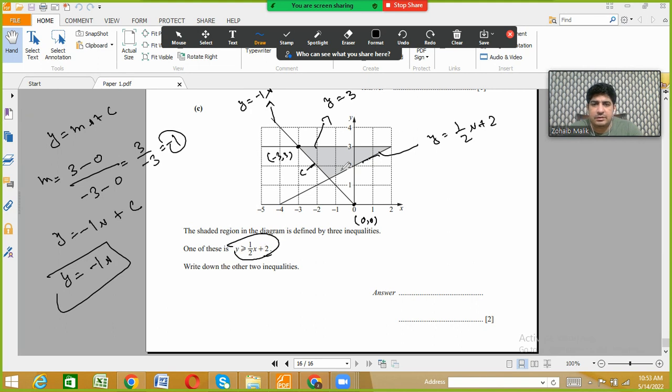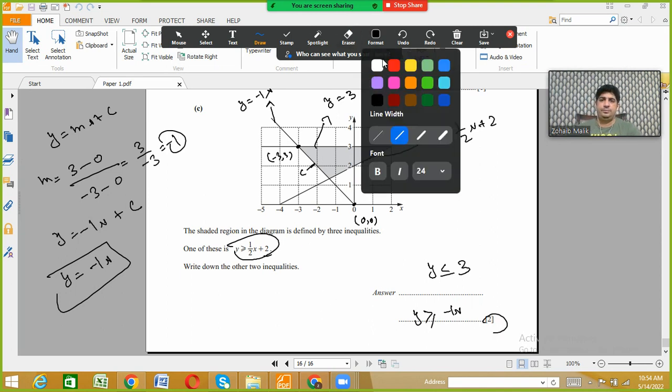We have to remain above, so it is y is greater than or equal to 1 by 2x plus 2. And for this one, we have to remain below this line. This is y is less than or equal to 3. We have to remain above this line, so this is y is greater than or equal to minus 1x. So these are the two inequalities. So the paper is done.